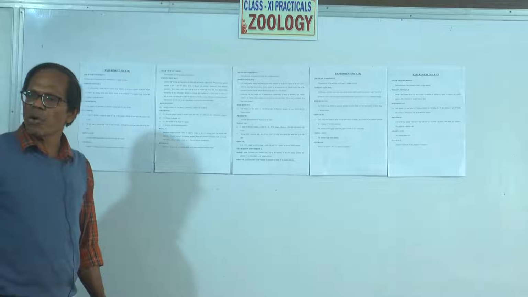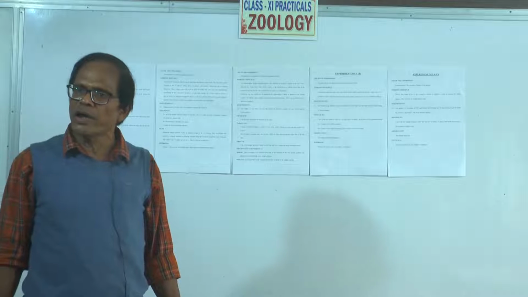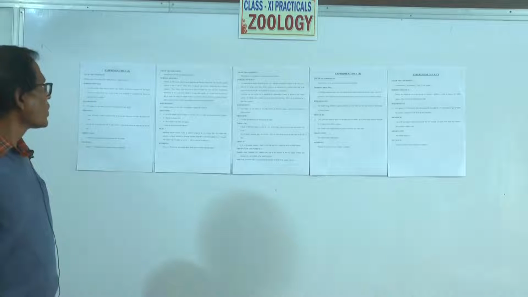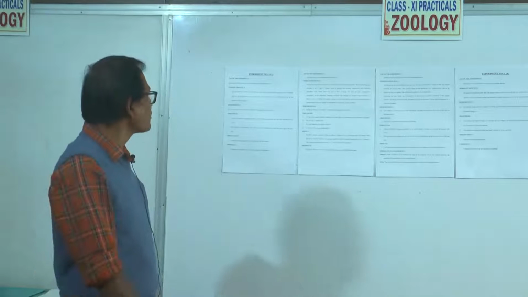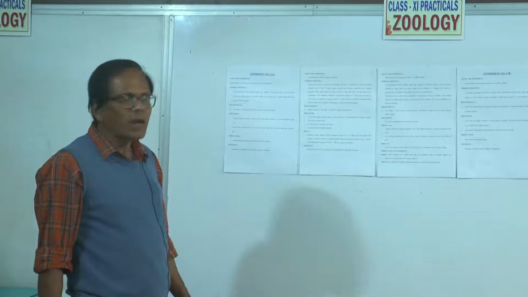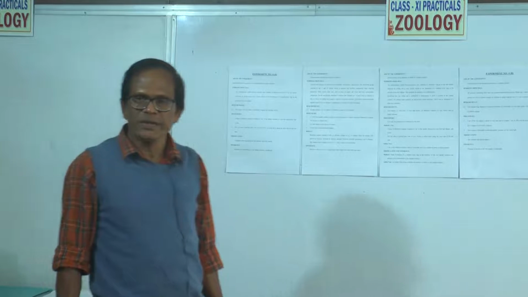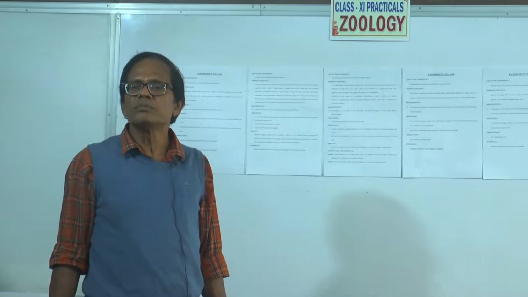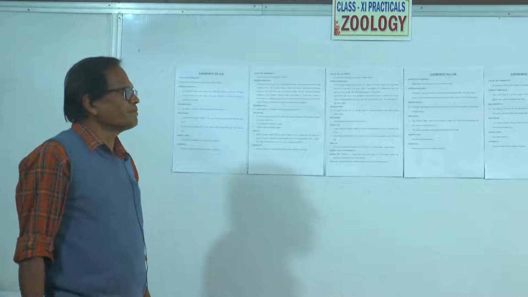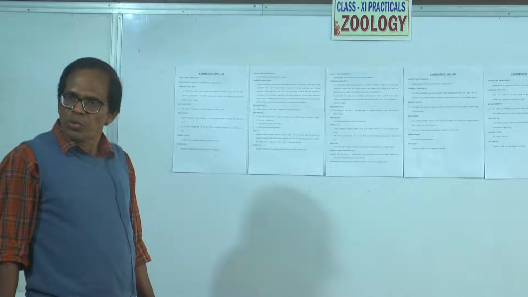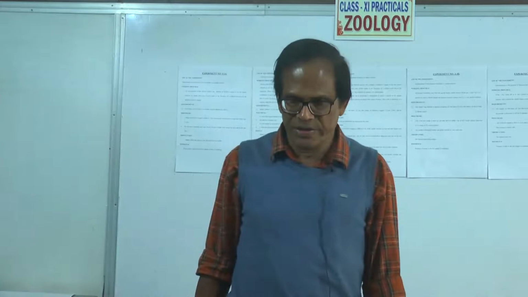There is a reagent, Molisch reagent. When Molisch reagent is added to a carbohydrate solution, say for example glucose solution, and then 1 to 2 drops of concentrated sulfuric acid is rolled down along the side of the test tube gently, a purple blue ring will develop at the interface of the two liquids.